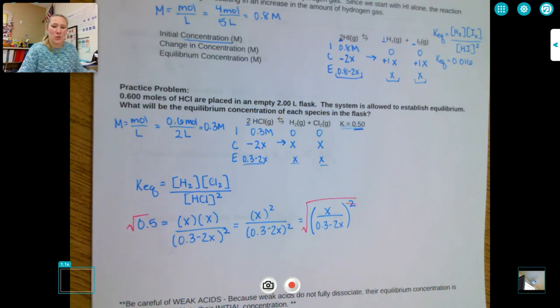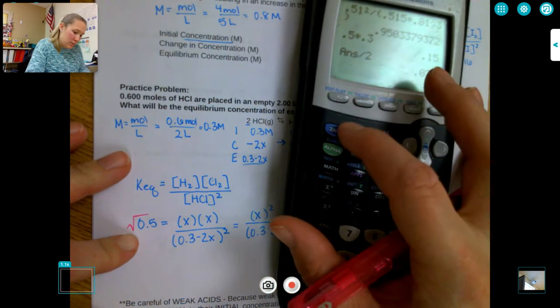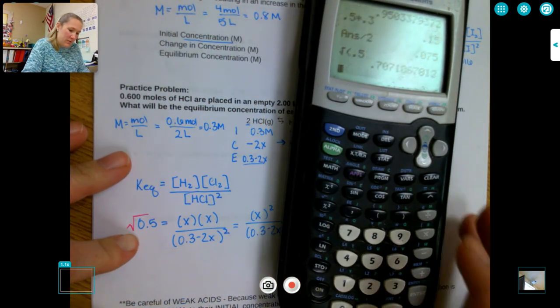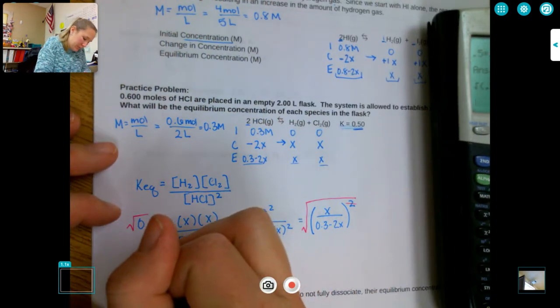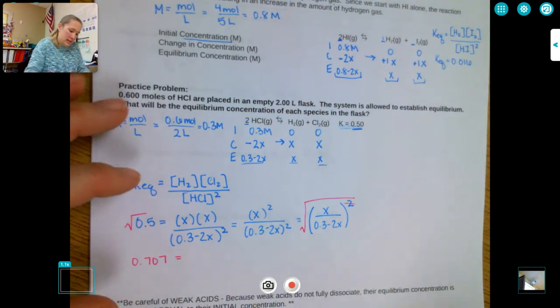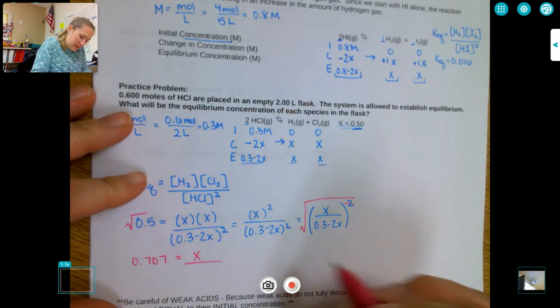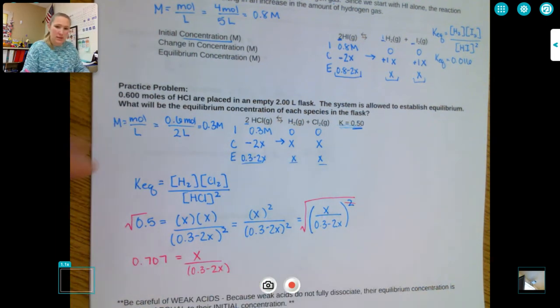So that means I don't have to do a quadratic formula, which is lovely. So I'm going to take the square root of both sides. So my square root of 0.5 is 0.707, and that is equal to x over 0.3 minus 2x.